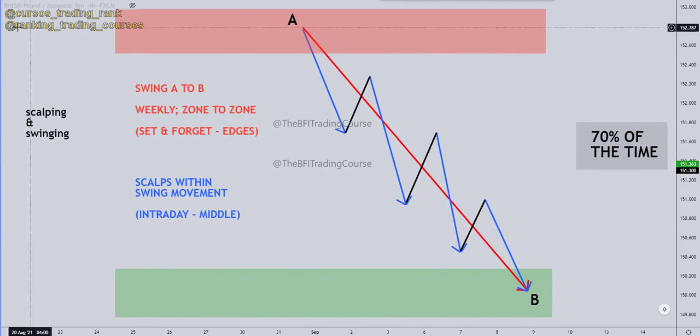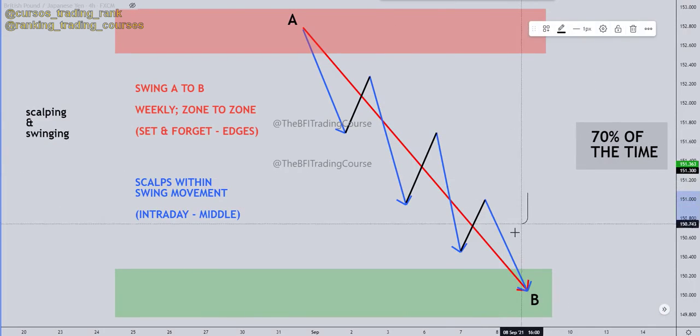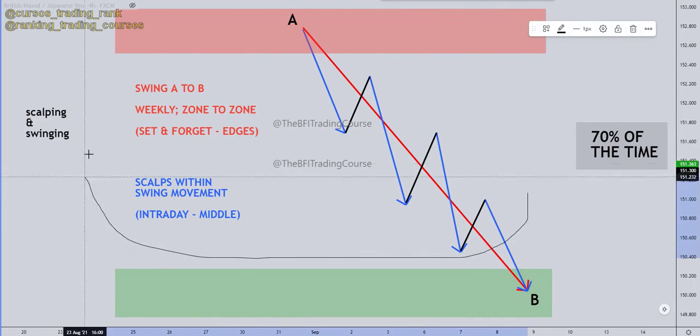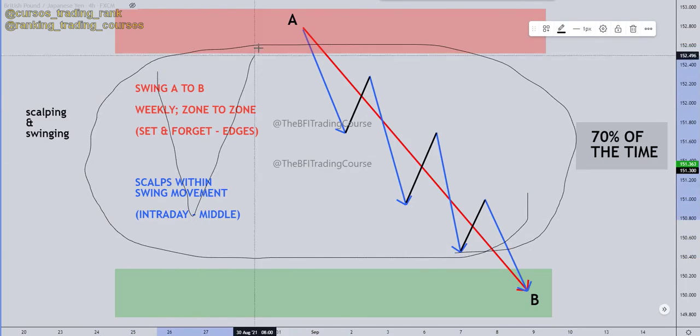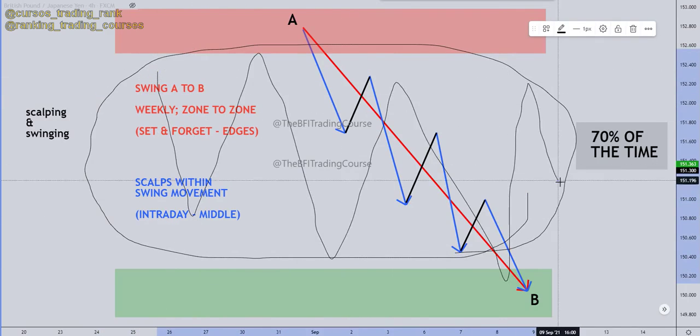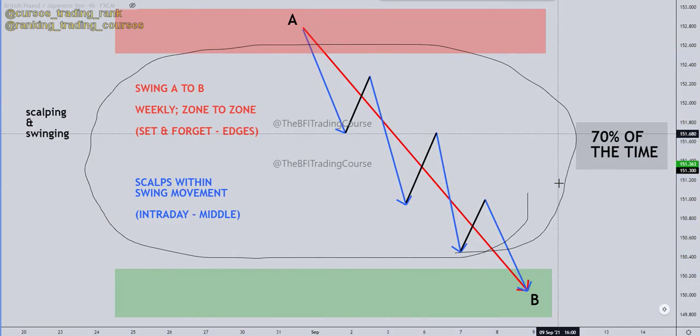Okay, the main thing to understand is 70%. I mean, who knows if it's 70, but most of the time it's in the middle of nowhere in the edges where everyone needs to get active and get slaughtered, unfortunately.